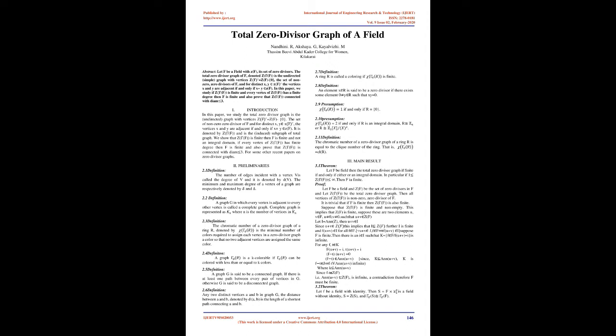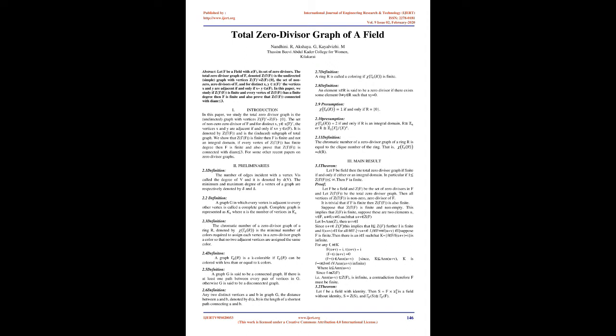A complete graph is represented as K_n, where n is the number of vertices. 2.3 Definition. The chromatic number of a zero-divisor graph of a ring R, denoted by χ(Γ(R)), is the minimal number of colors required to assign each vertex in a zero-divisor graph a color so that no two adjacent vertices are assigned the same color.